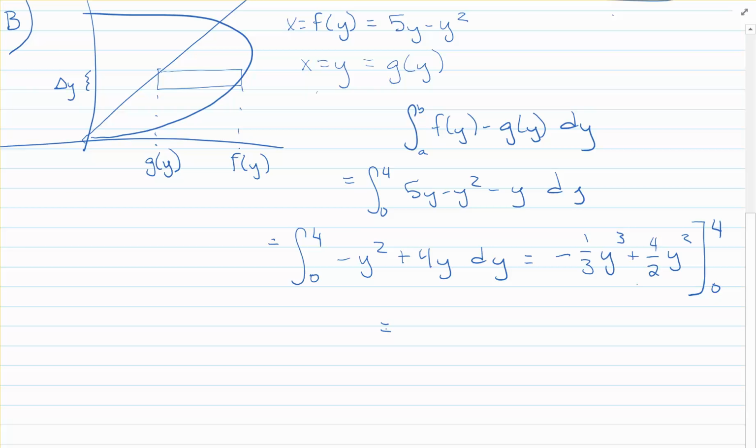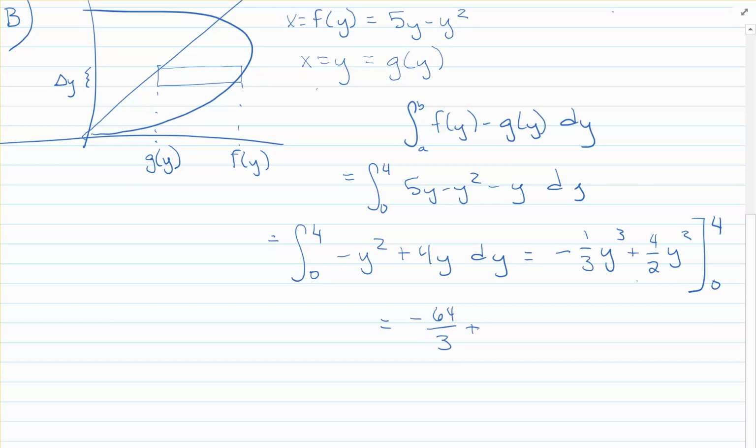I can plug in numbers. Plugging in 4, I get negative 4 cubed, which is 64 over 3, and then 4 squared is 16 times 4, 64 over 2. If I want to get a common denominator here and solve it, I ultimately wind up with 32 over 3.